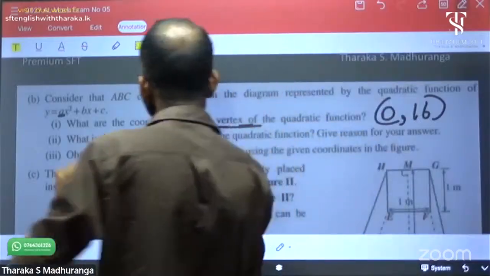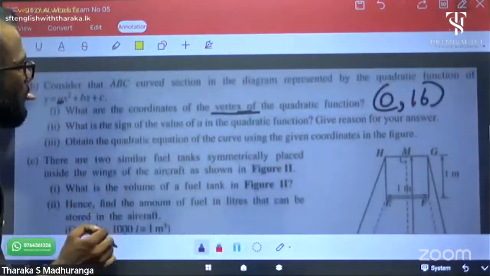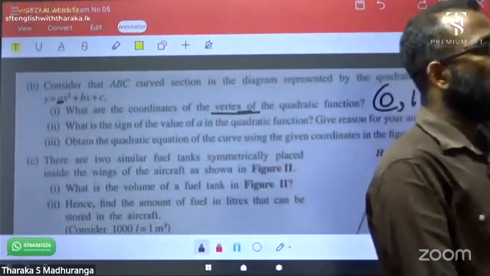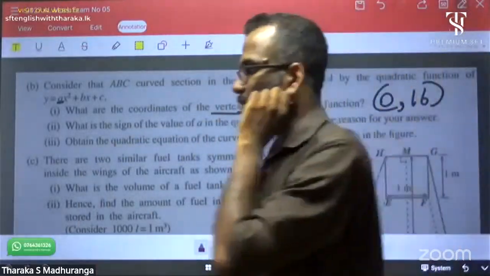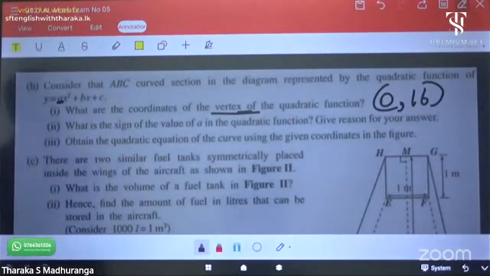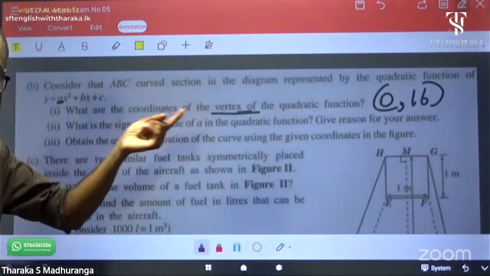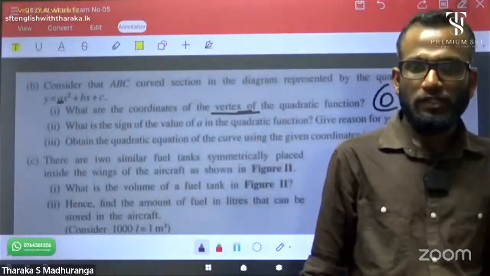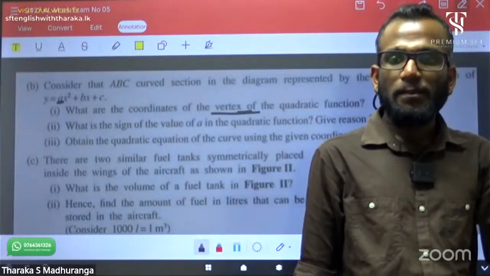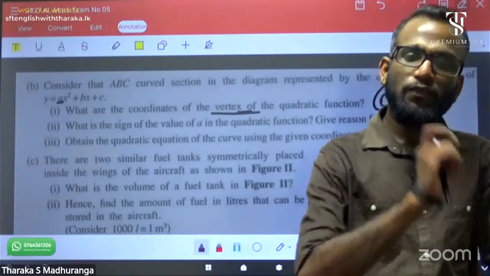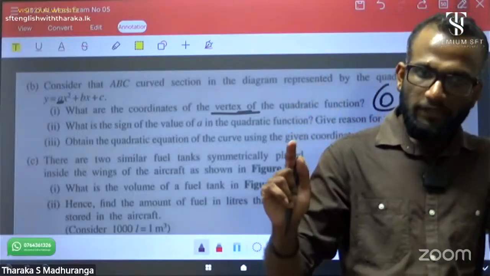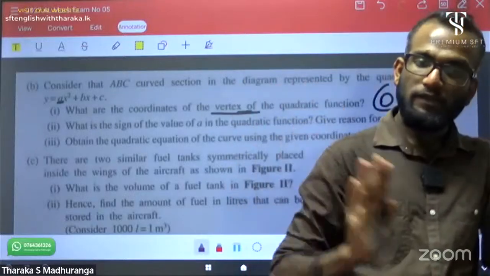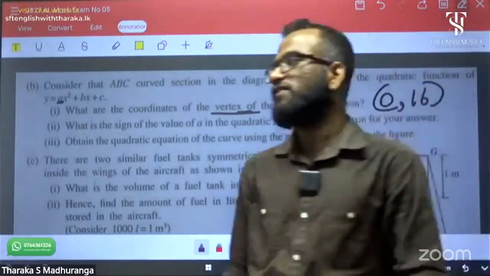Therefore, the sign of a is negative. The reason is that ABC is a maximum quadratic function. If it is a minimum quadratic function, the a value is positive. Very simple.